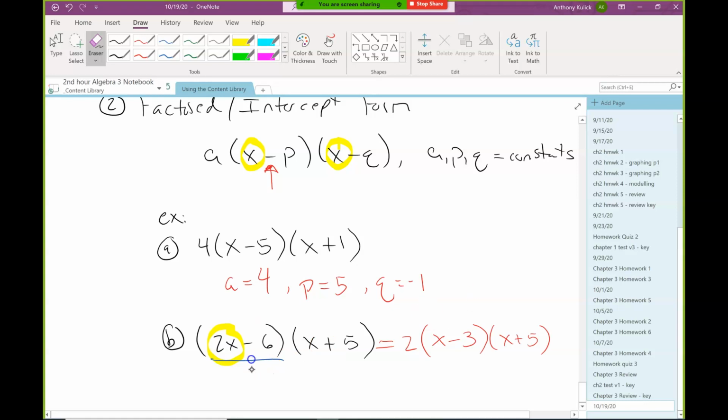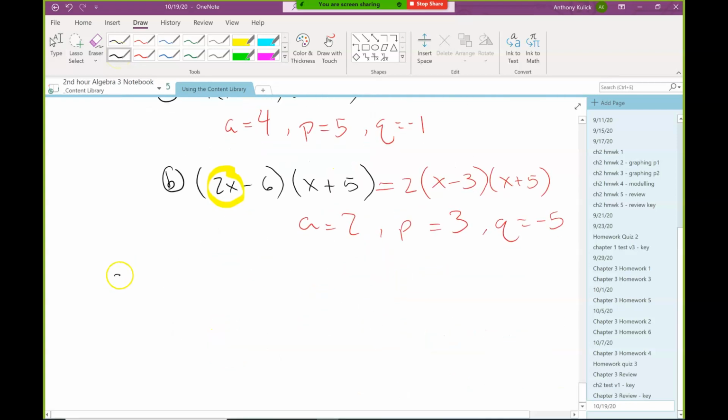Okay. The last here is called vertex form. It is A times the quantity x minus h squared plus k, where A, h, and k are just constants.